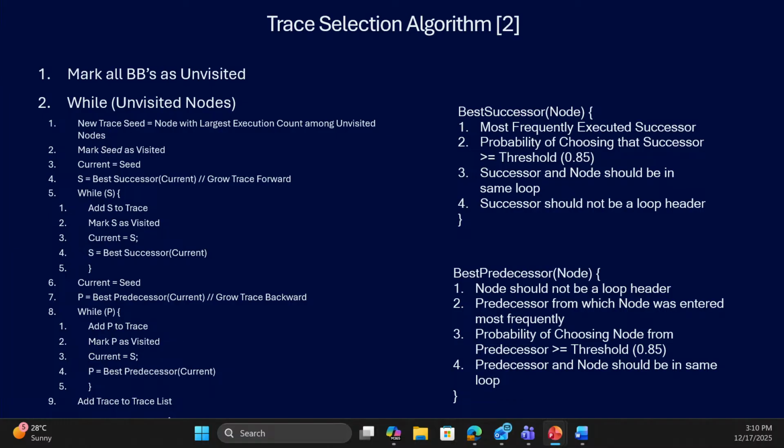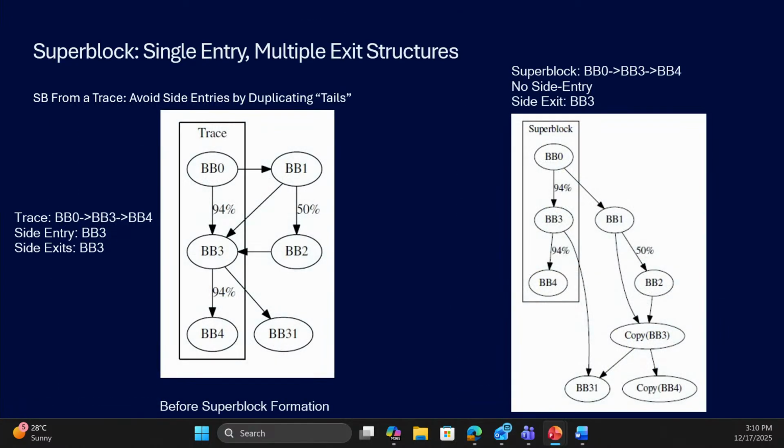Then we keep extending the trace by following its most frequently executed successors. For instance, let's say these three are executed 94, 94, 94 times, and they are inside a loop.